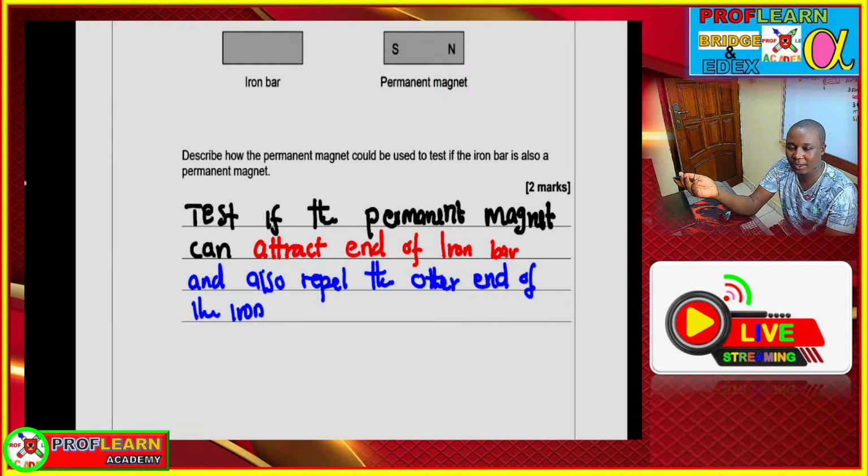Because if it's just attraction, it can occur for unlike poles, and also attraction can occur for magnetic materials. So the best way to check whether that is true, guys, is to ensure that there is repulsion in one end. So if one end is repelled, then it means that those are like poles.